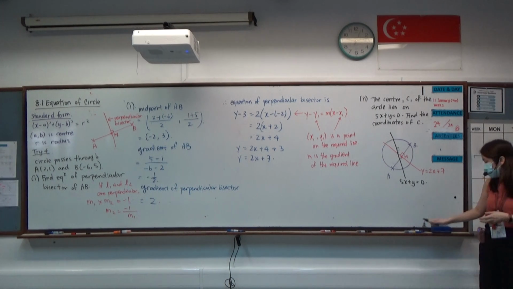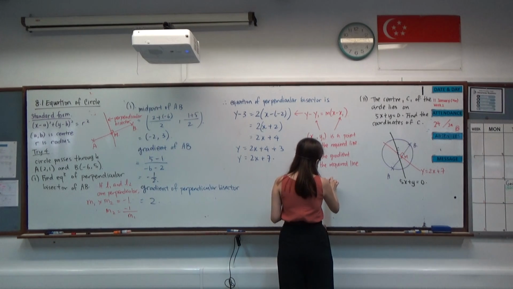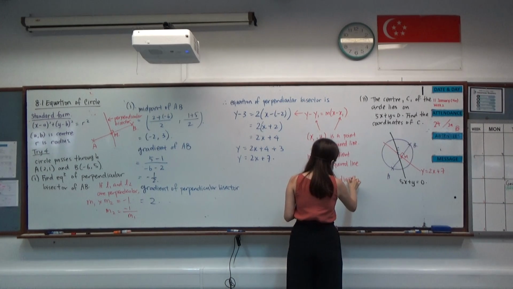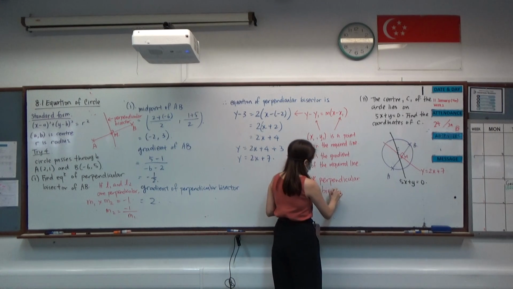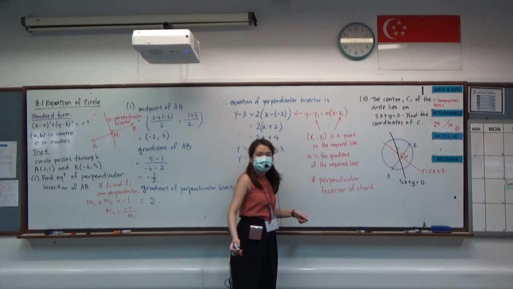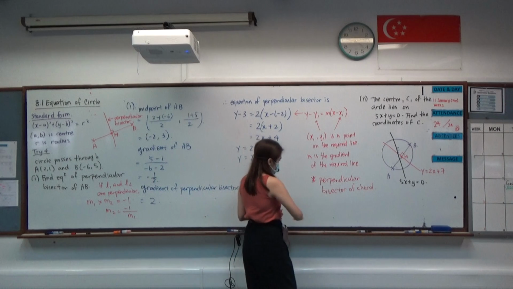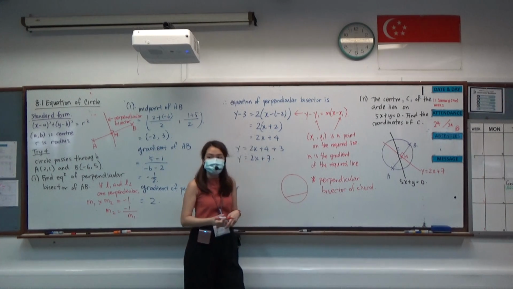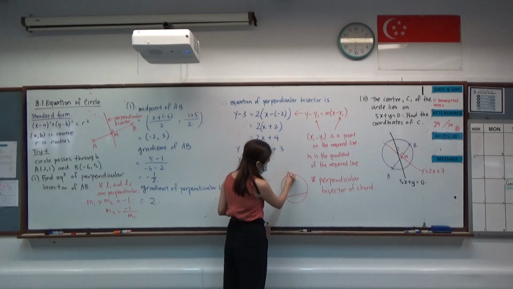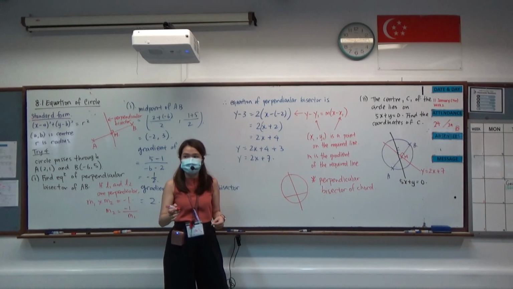Alright? So if you recall last year when we did E-maths, we learned this property called the perpendicular bisector of chord. Okay? What does this property tell us? It tells us that if I have a circle and I have a chord, the perpendicular bisector of the chord itself will always pass through the center.